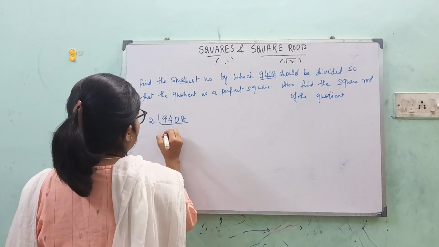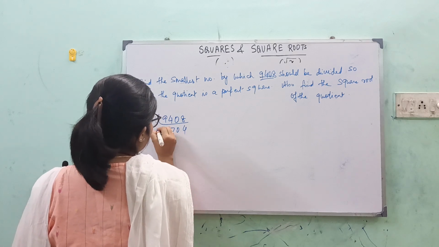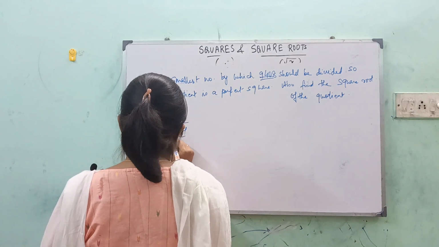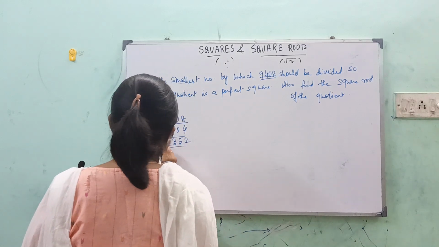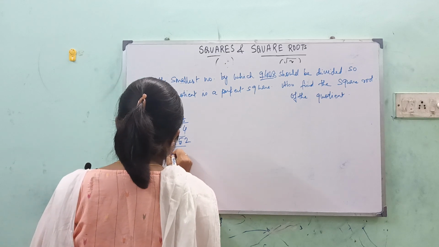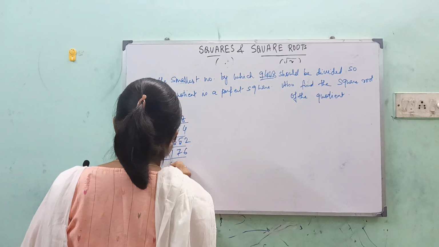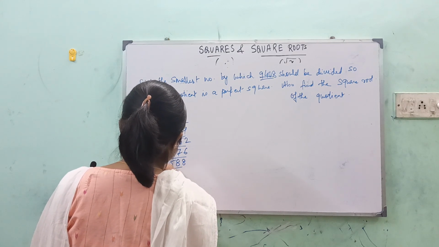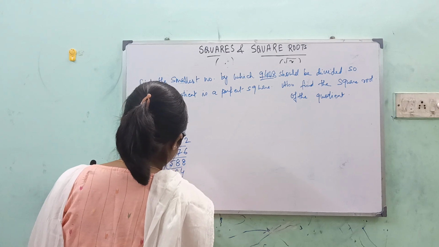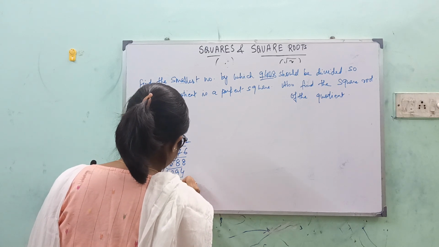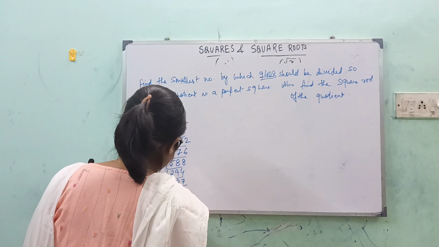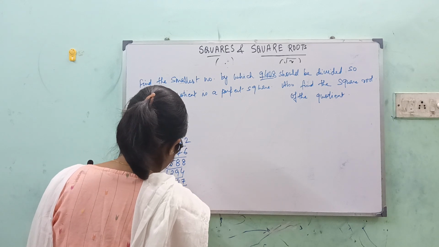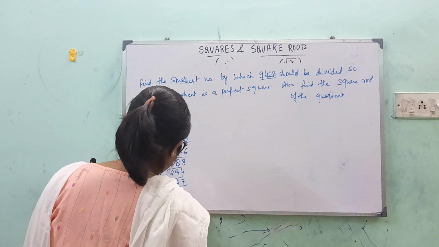So this divided by 2 is 4704, 2, 3 5 2, 1 1 7 6, 88, 294, 147, 3, 49, 7 7.